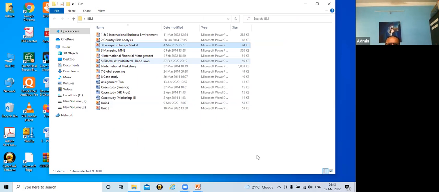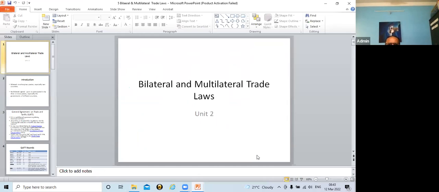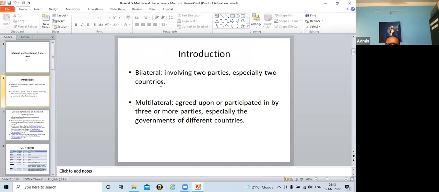Please do remember, bilateral means where two countries are involved, and multilateral means where three or more countries are involved. Got the point? Bilateral and multilateral.